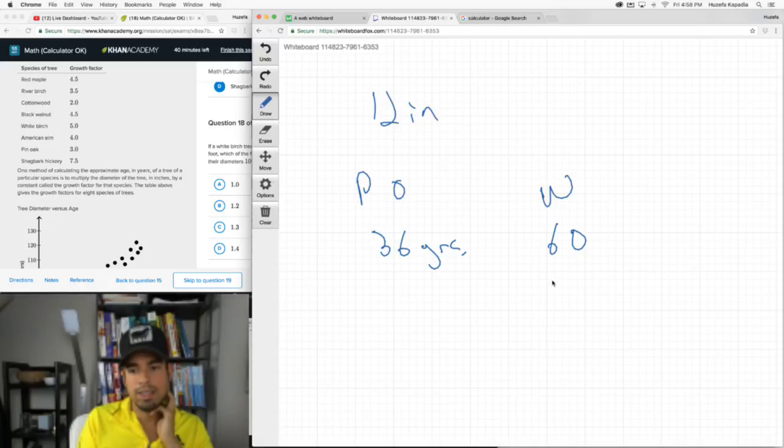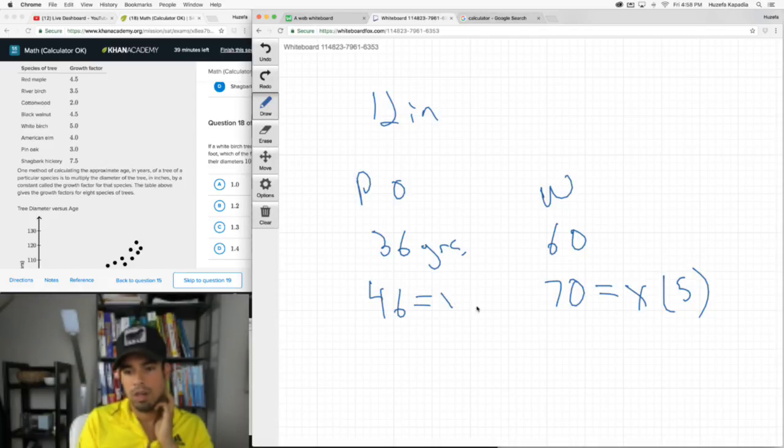So we want to know at 70 years, it's an X number of inches times 5. And we want to know at 46 years it's X diameter times a growth factor of 3.